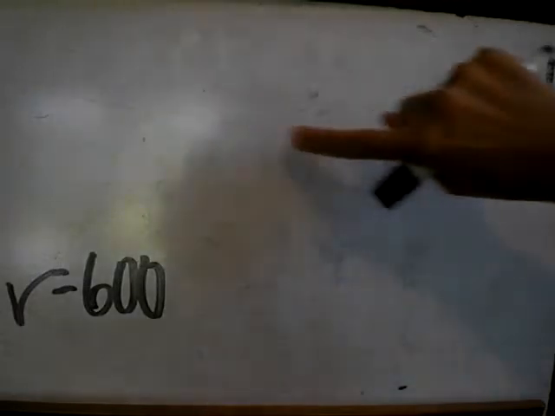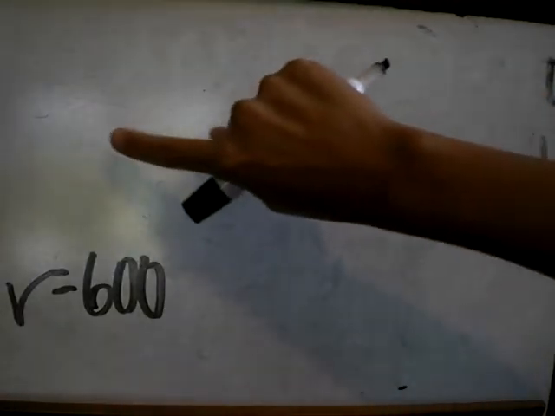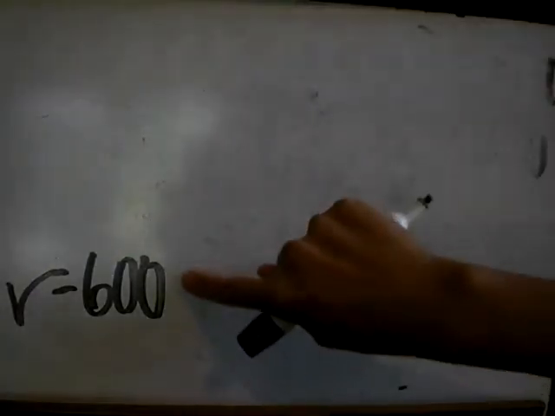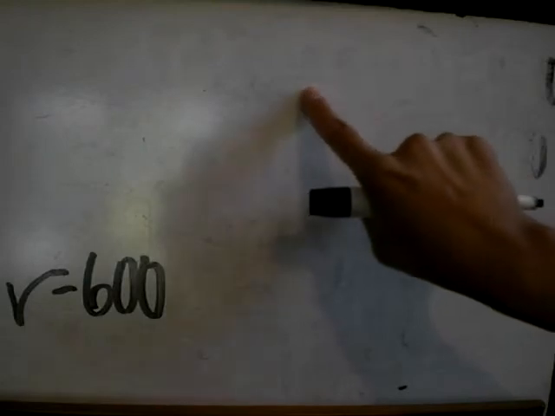But it says here, find their speeds. So we know that the plane that was going west was going at a rate of 600 kilometers per hour. But remember that the plane that was going east was traveling at a speed that was 40 kilometers greater than the one going west.